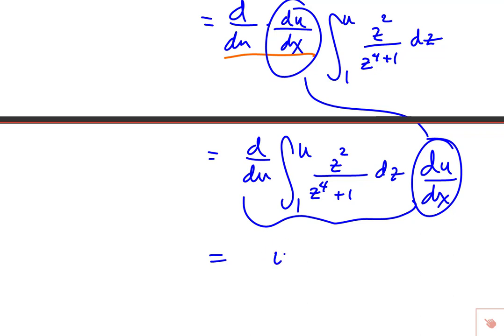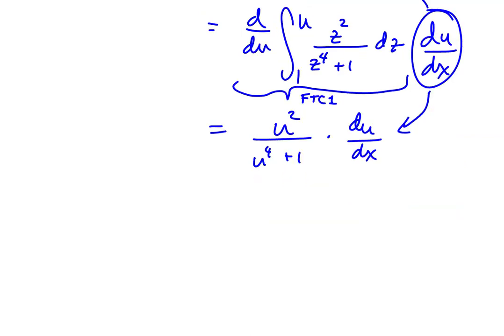Using that theorem, the first part, this would simply be u squared over u to the 4th plus 1. But now we have this extra du/dx from that previous step that we really do have to bring down with us. Now that we've been able to use the fundamental theorem part 1, we want to go back and reverse our substitution here.